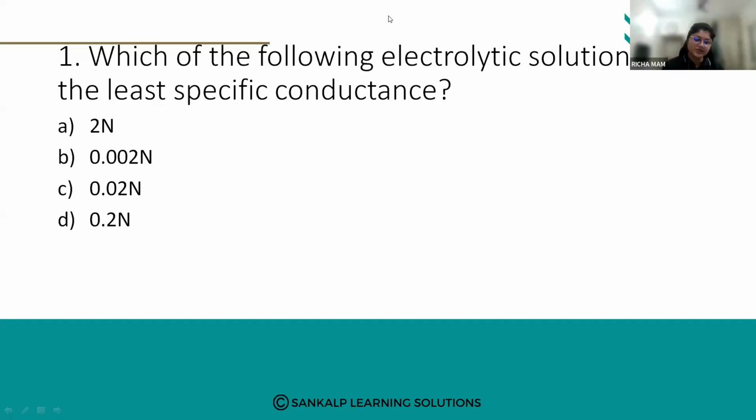We have studied the Nernst equation, then equilibrium constant, then conductivity of solutions, molar conductivity. We have studied specific resistance too. Can anybody tell me what is specific conductance?